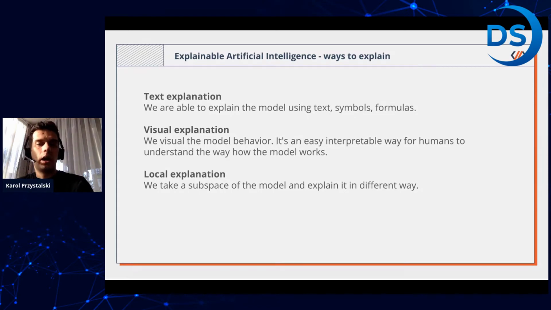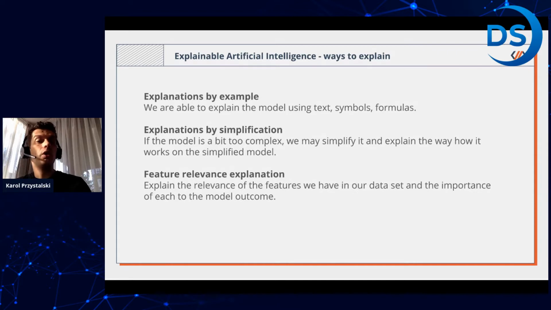If it's a complex solution, you can also use some local explanation or simplify it, just make the whole problem present in a simple way to explain it. Or also a very important way, the feature relevance, because some features might not be as important for the classification as the other ones. But that's something that is a part of the data pre-processing as well.